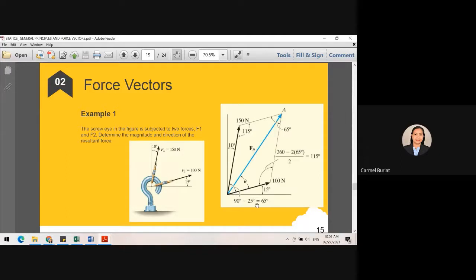Because siguro kanang 10 o 15, ma'am, dinhi na siya gikan sa kaning right angle, di ba? X-axis and y-axis. So minus na ni siya, 15 and 25. 15 and 10. So, sa 25.